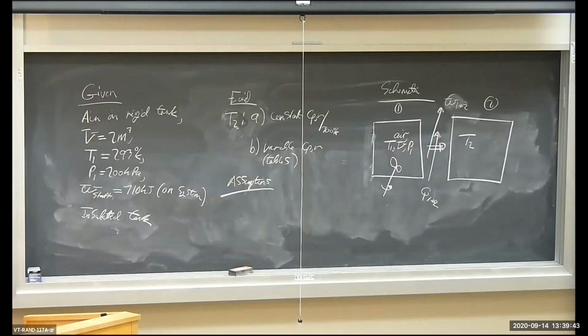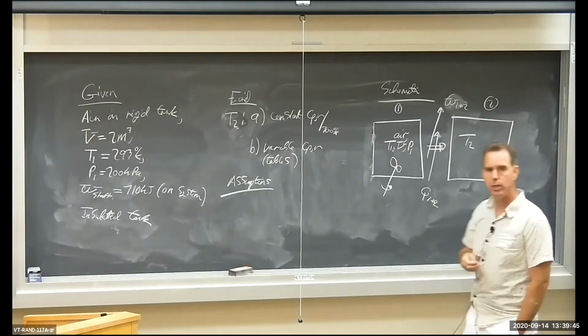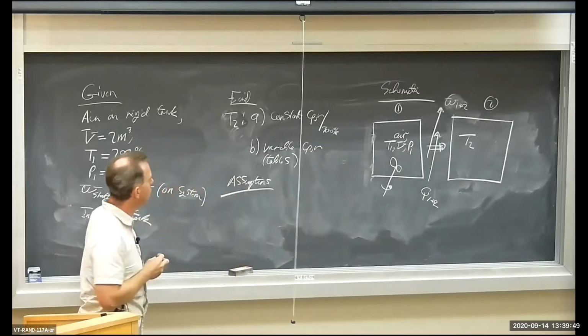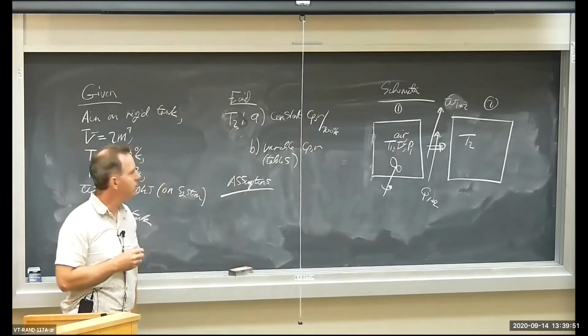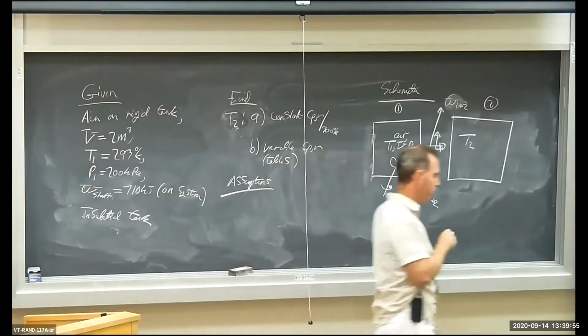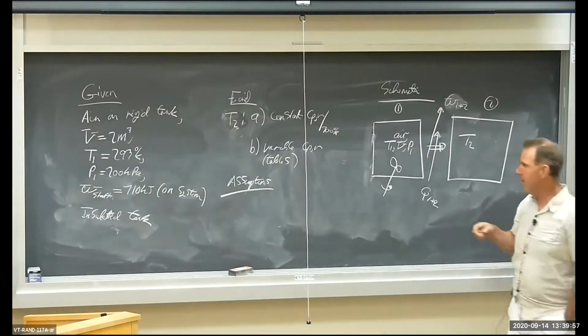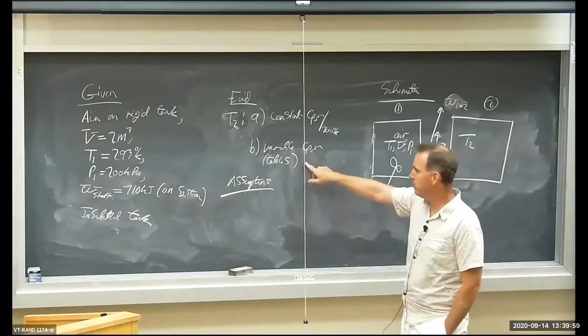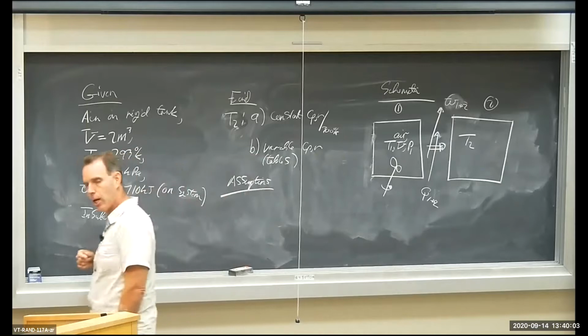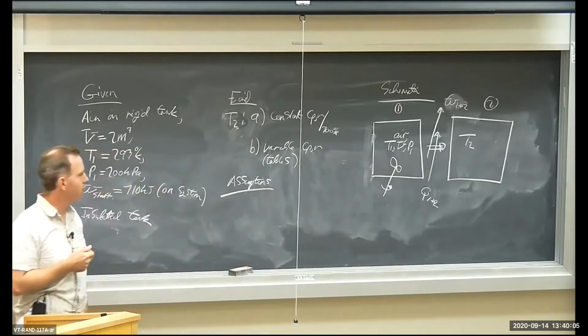So let's find the final temperature T2, and let's do it using two different methods. The easy method, which is assuming constant specific heat and using the property relationships that we developed in the previous lecture. And then we'll assume variable specific heat and use the air tables, which contain internal energy and enthalpy as a function of temperature.